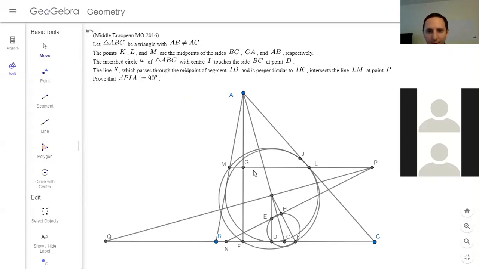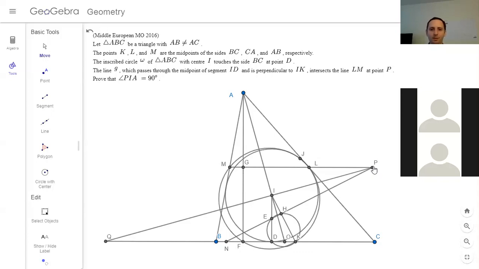How do we calculate angle GPI, or angle MPI? P is, I don't like how P is defined.